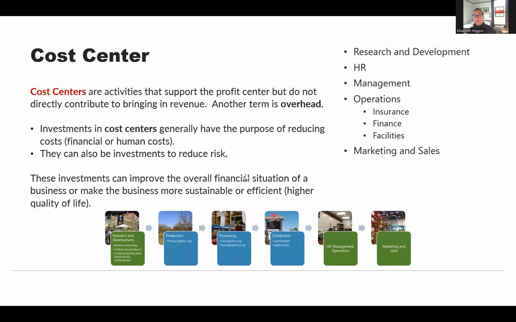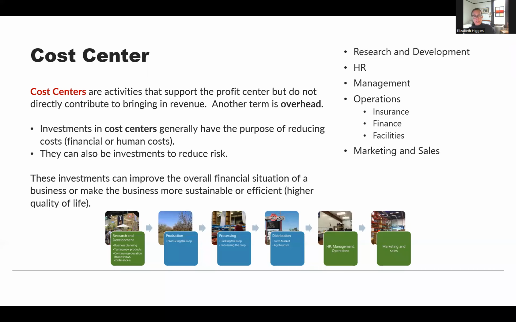So cost centers are activities that support the profit center, but they don't contribute directly to bringing in revenue. Another term we tend to use for this is overhead. Investments in cost centers generally have the purpose of reducing costs, either financial or human costs. So it's either going to save you time or risk, or it could actually save you money by improving things.